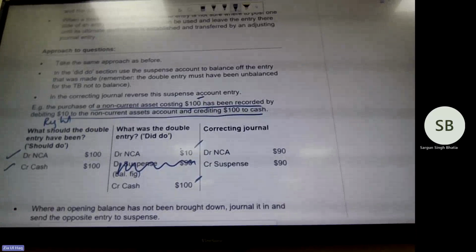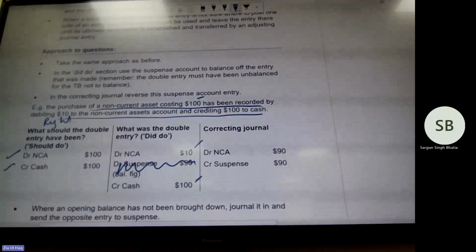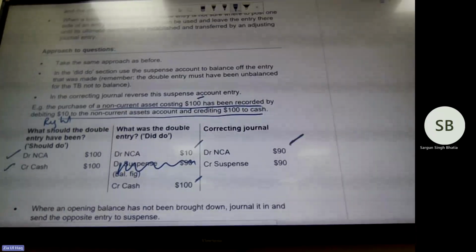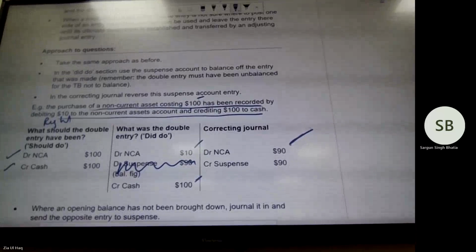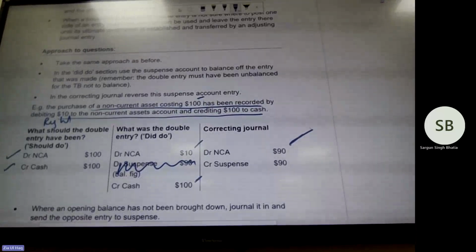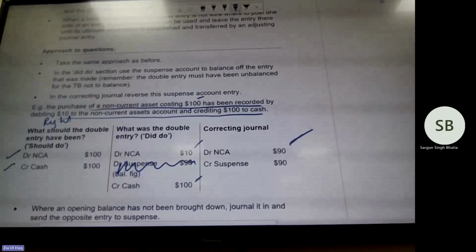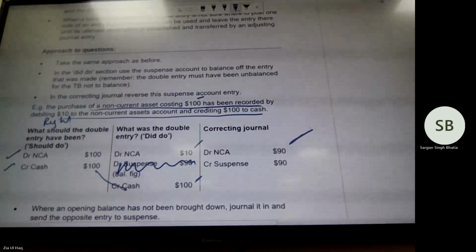So what we need to do: the asset has been recorded less by how much? 90. So to correct, we need to debit the asset with 90. And for the entry, we need to record a credit. What can we record in credit? The cash has been correctly recorded.